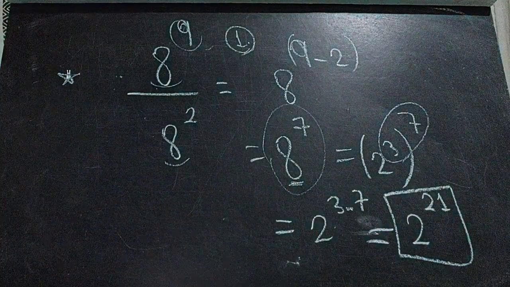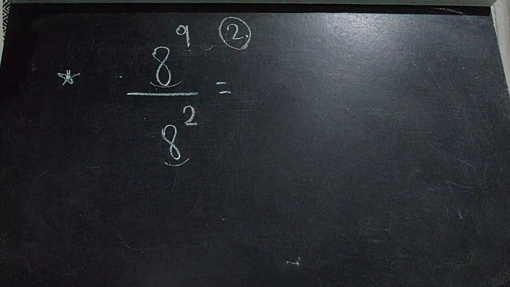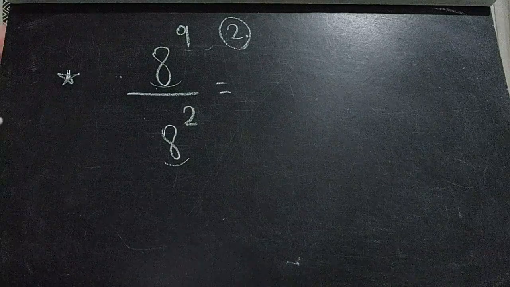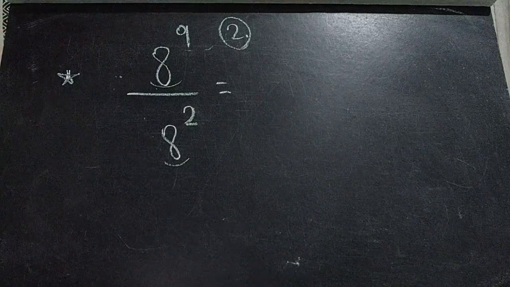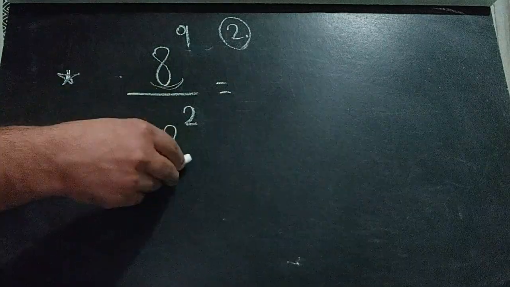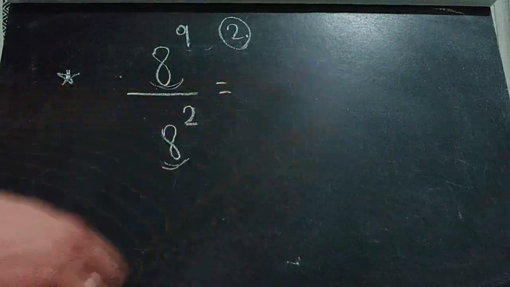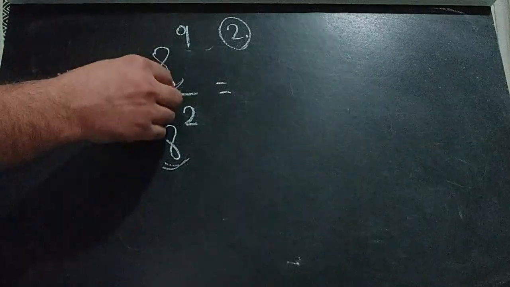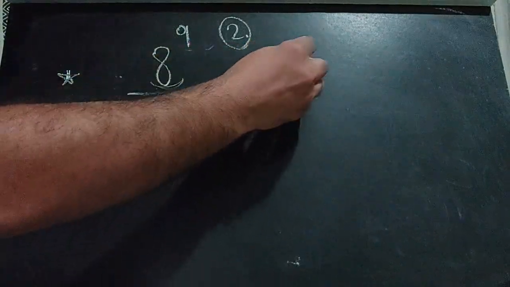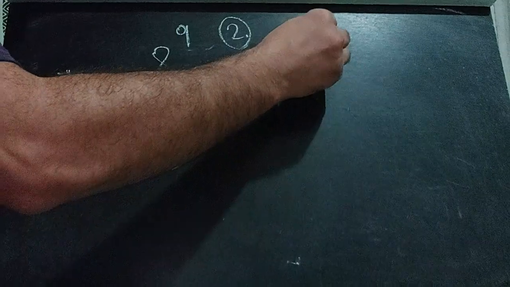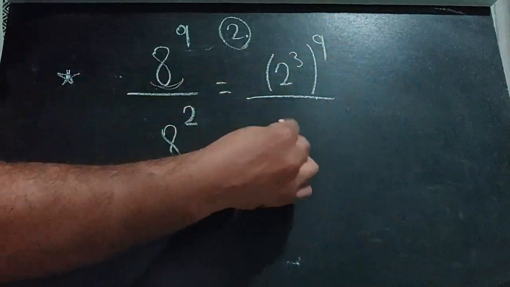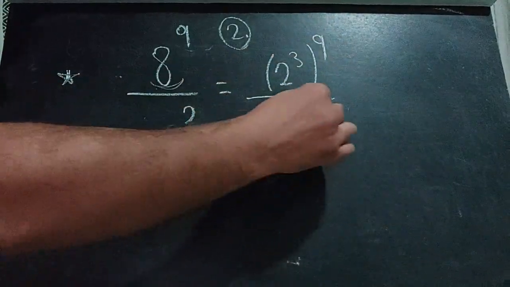Right, now let me show you the second method. In my second method, you can write 8 in base 2 before doing any operation. So this one will be 2 power 3, all power 9, over 2 power 3, all power 2.